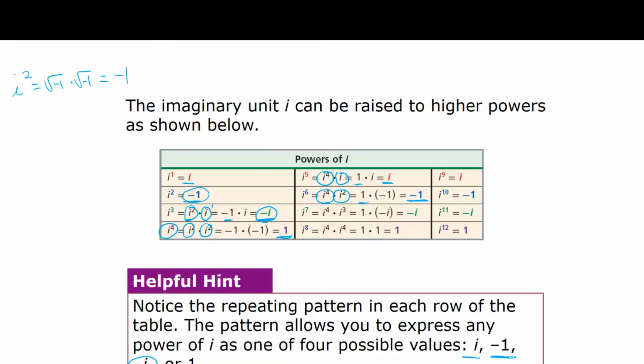So you can kind of see the pattern here. 7 is i to the fourth times i to the third. 8 is i to the fourth times i to the fourth. And 9, 10, 11, 12, you can see they're following the exact same pattern.